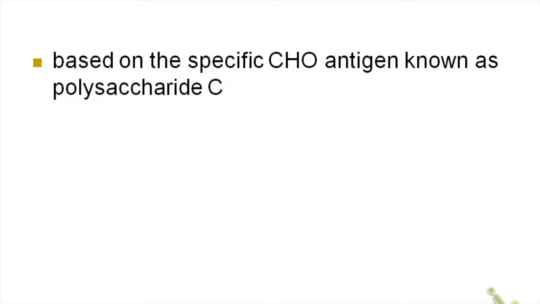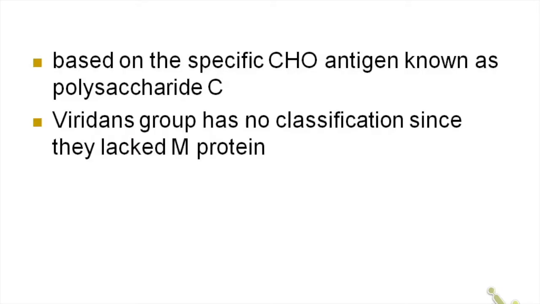The Rebecca Lancefield classification is based on the presence of a specific carbohydrate antigen known as the C polysaccharide. So the virulence factor would be the M protein. I told you a while ago that the Viridans group do not have M protein.